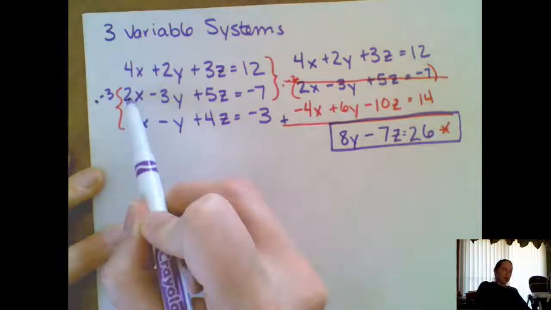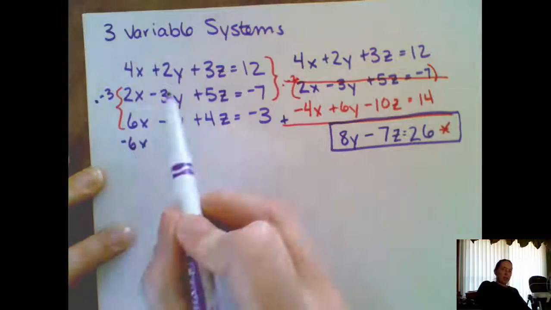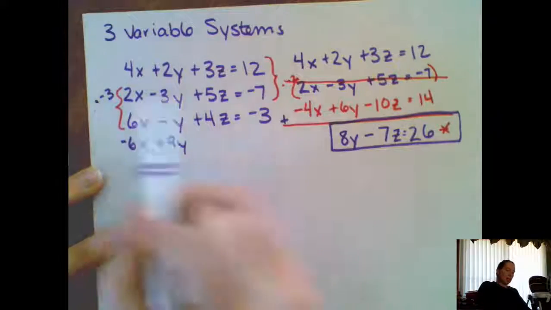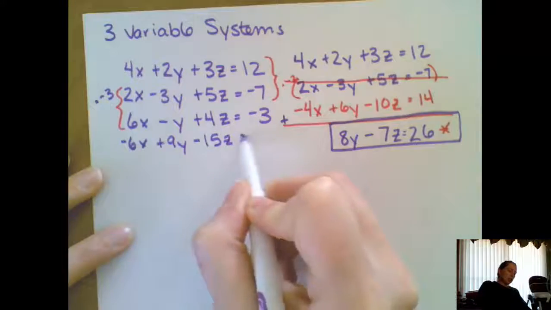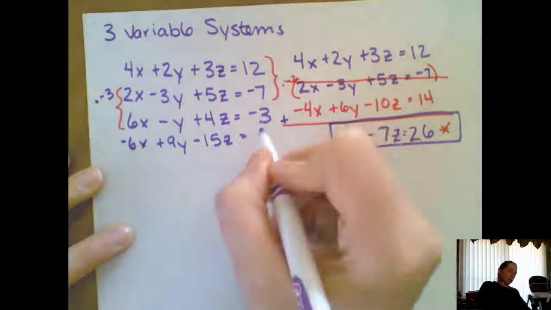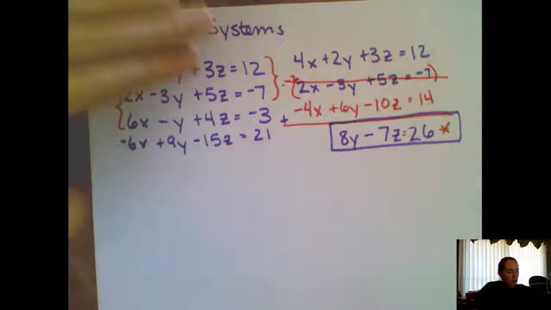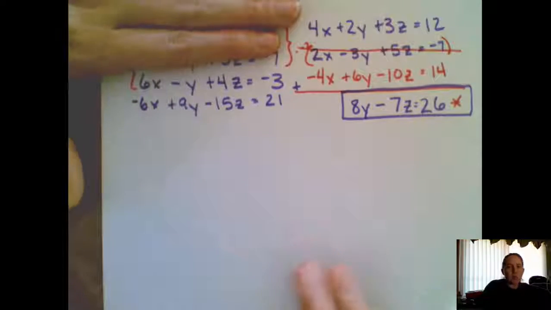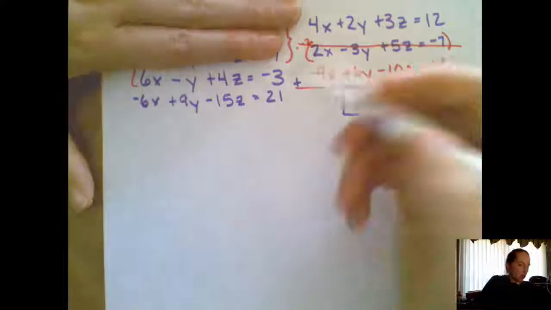So negative 3 times 2x is negative 6x. Negative 3 times negative 3 is a positive 9y. Negative 3 times 5 is a negative 15z. And negative 3 times negative 7 is 21. Now I'm going to cover this up so that I'm not confused. What we've just done is we've taken the second and third equation and rewritten them this way.